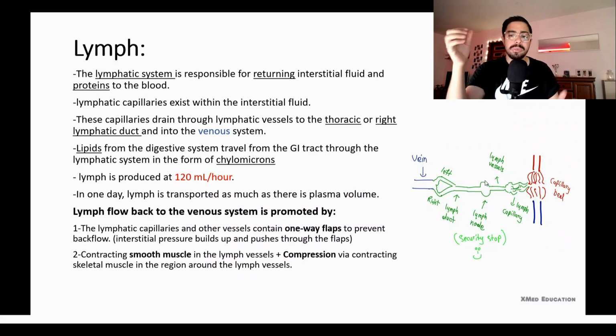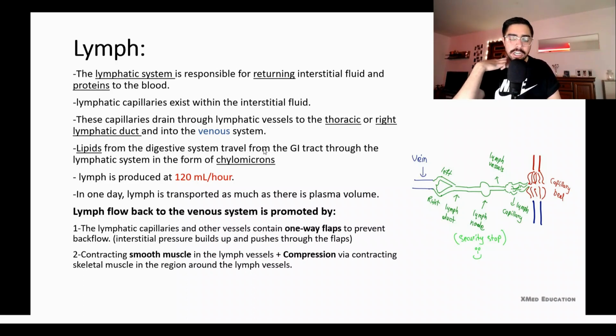For example, when we get sick, our lymph nodes get bigger. Why? Because there are some bacteria there that our white blood cells are trying to fight. So their amount will increase, and more fluid will go there, and it can cause the enlargement of the lymph node. And then we have the lymph ducts, the thoracic and right lymph duct, and then they go back to the venous system again.